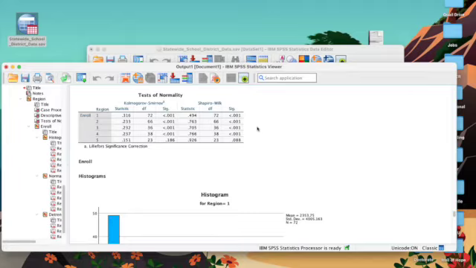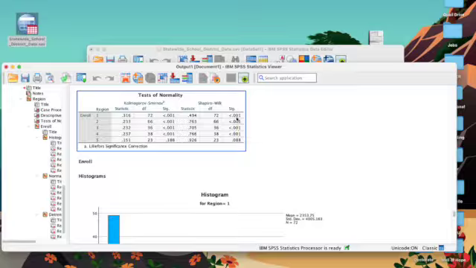We're looking at the significance of our regions right over here. And if the significance of the variable is greater than 0.05, then it is significant, and so we're going to assume normality at that point.